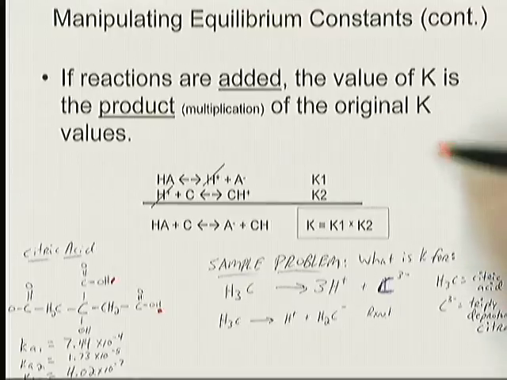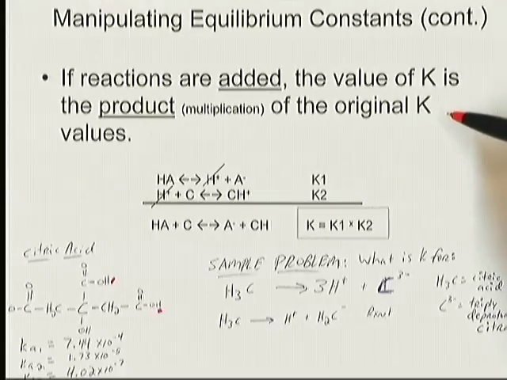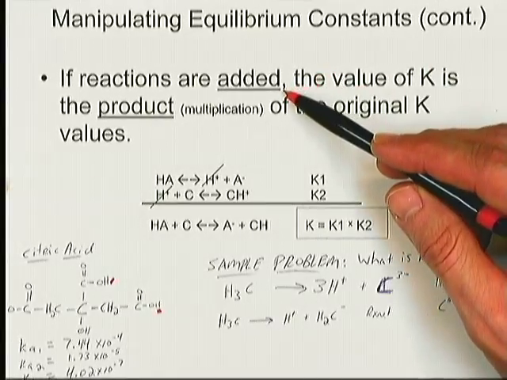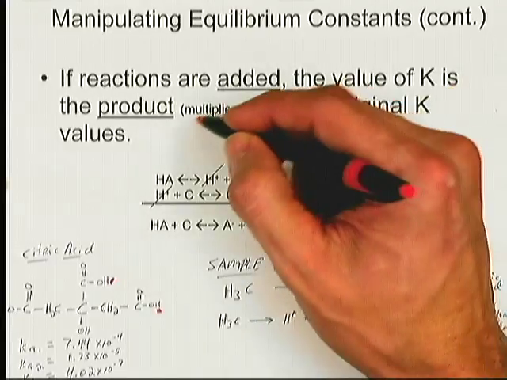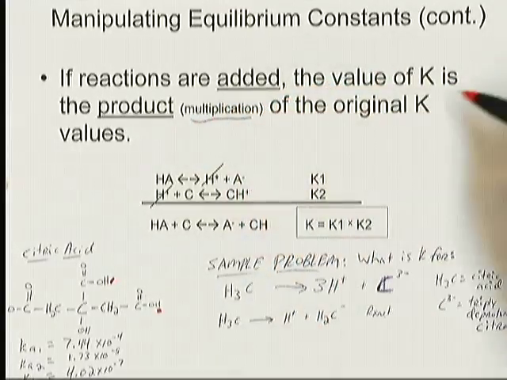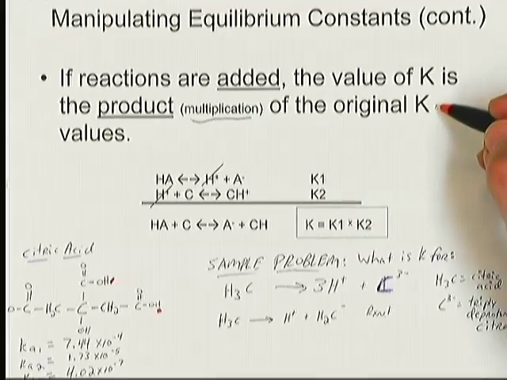This is the summation rule that we're going to use. So it's actually going to be important to remember this one as well. When reactions are added together or combined, the value of K for the combined reaction is the product, the result of a multiplication operation, of the original K values for the reactions which were combined or added together.